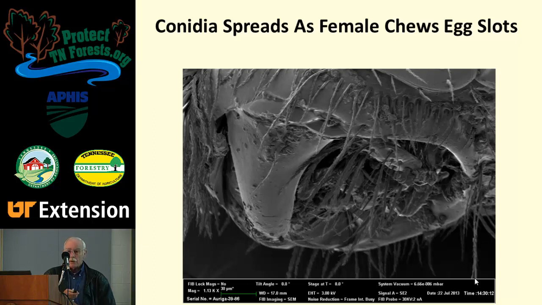So that might be an answer as to how the fungus progresses throughout the tree, and how the number of galleries that the female produces might be an aid to development of the conidia.